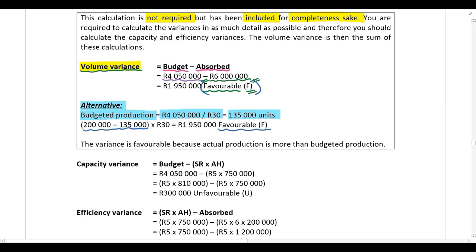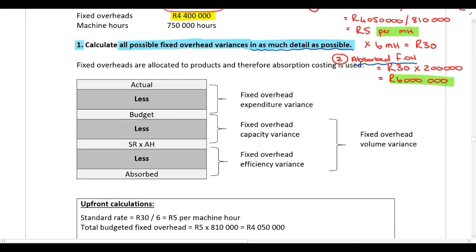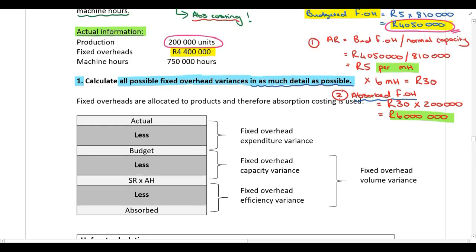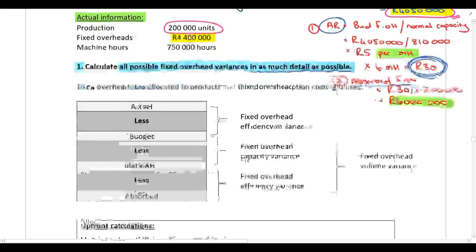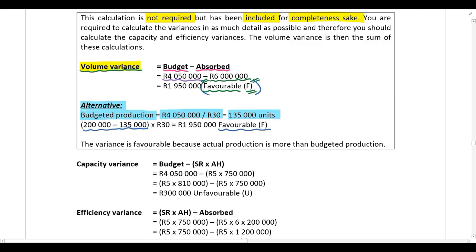However, if we want the rand value of the variance, because we've just calculated the variance now in units, you need to multiply by the allocation rate per unit, which is 30 rand. And you can see that ties into the calculation above. All right. So that's been included for completeness sake. You didn't need to perform the calculation, but obviously make sure that you can perform the calculation.